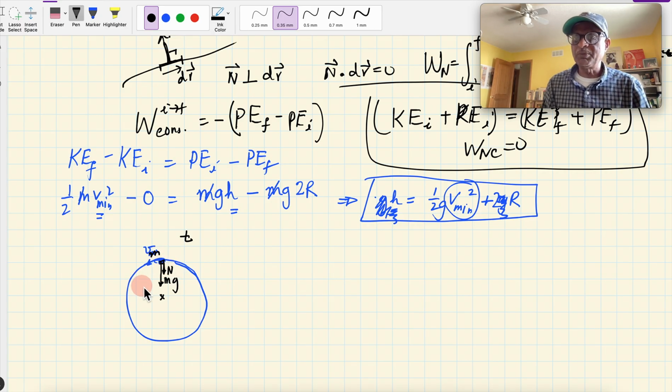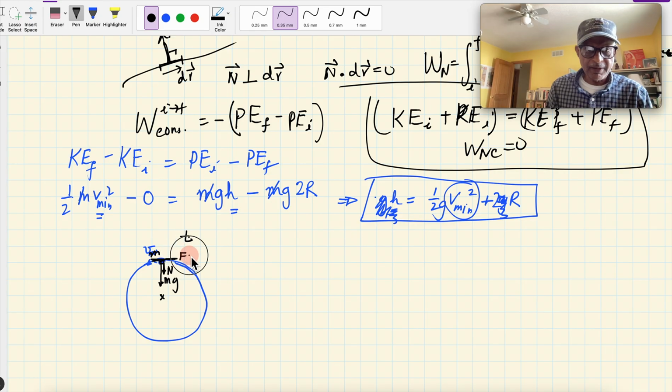We don't know how much normal force there is. There is no friction, so there are no forces along the tangent. This is all the forces there are.